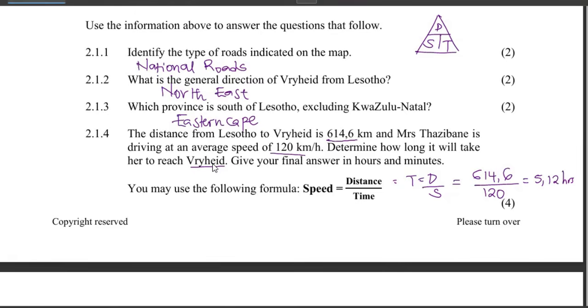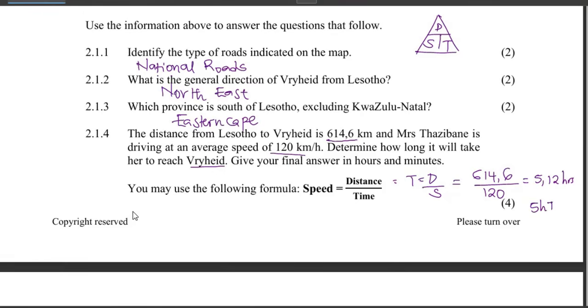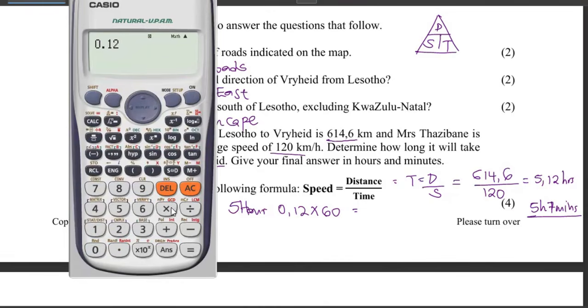Mind you, these are hours. So how do you change them to hours and minutes? On your calculator, just press this key here, and it will give you 5 hours, 7 minutes. Or you can say these are 5 full hours, then remove the 5 hours and remain with 0.12, which you change to minutes by multiplying by 60. 0.12 times 60 gives 7.2, but these are minutes.